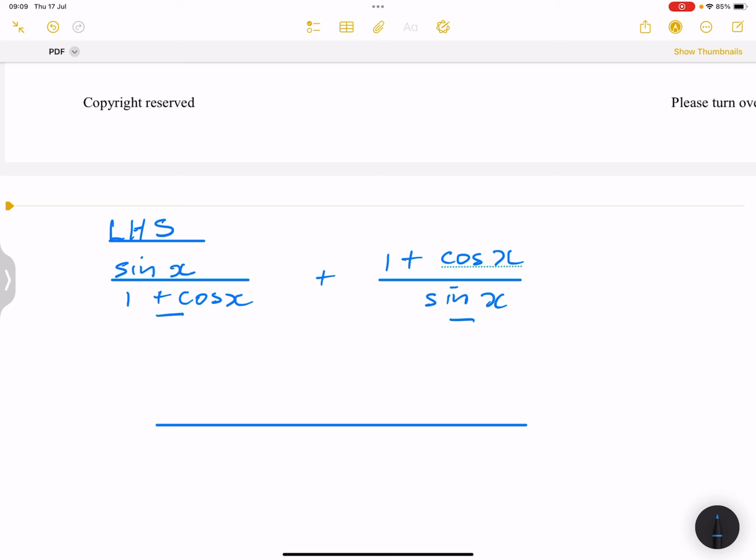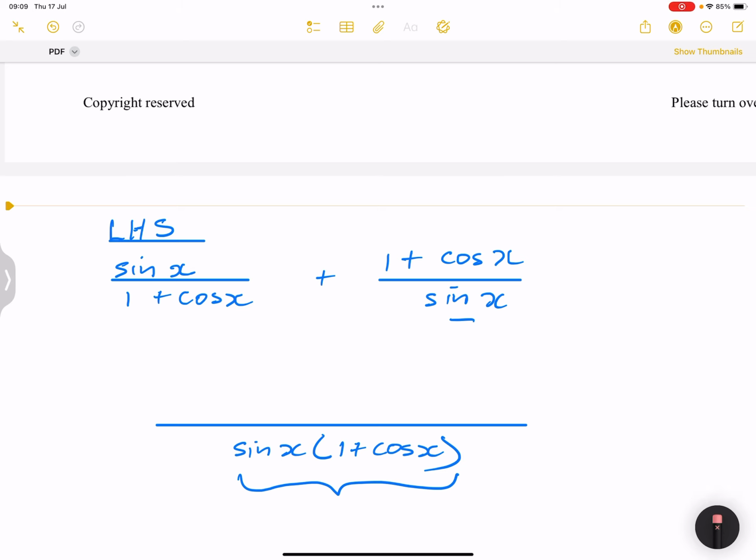So my LCD would be sine of x into 1 plus cosine of x. Now, normally what we do is we take the LCD, you divide it by the denominator, and you multiply by the numerator.